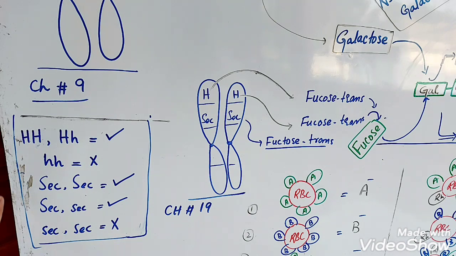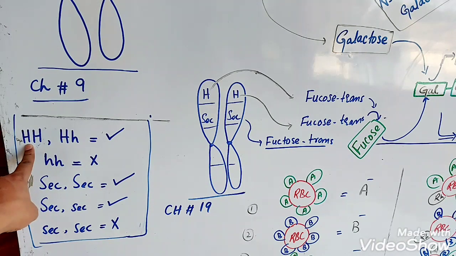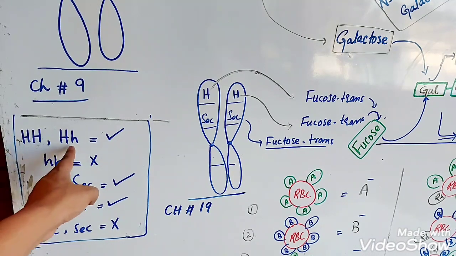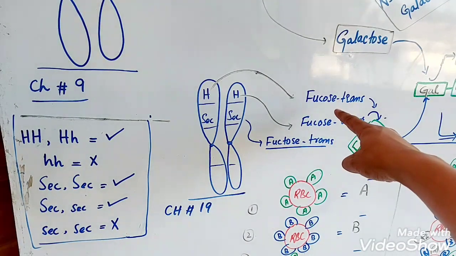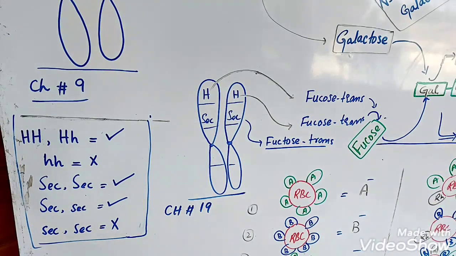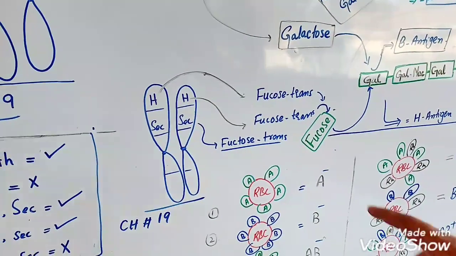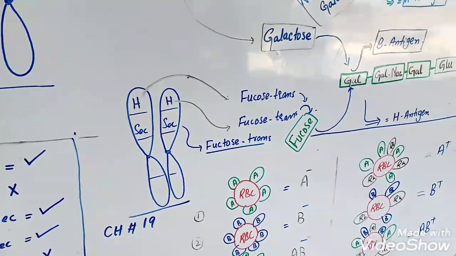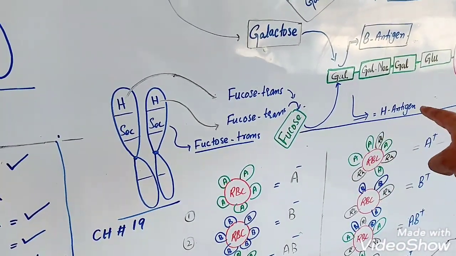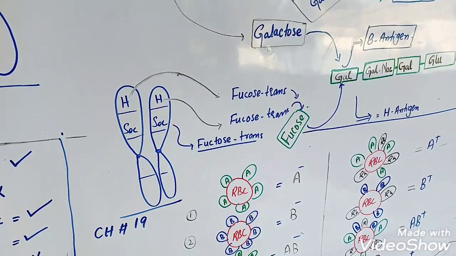How does this happen? When the H gene is in its dominant form, either in the homozygous condition or in the heterozygous condition, this H gene will produce the fucose transferase. And the fucose transferase will transfer the fucose onto the oligosaccharide, and after having this fucose, the oligosaccharide will convert into H antigen, and H antigen will be the substrate for those enzymes like transferase A and transferase B. Remember.